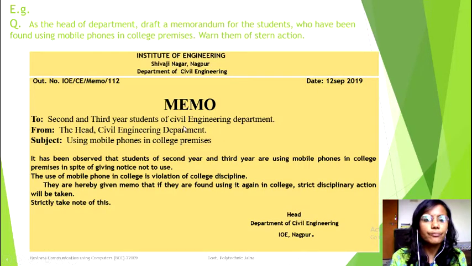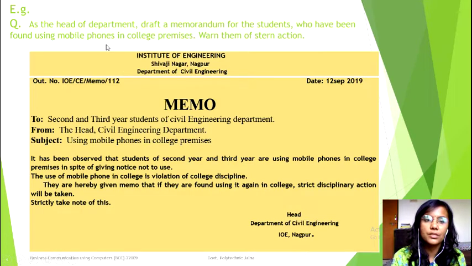Then the date. When you start to write the memo, you have to write to whom you are giving the memo, then from, and the subject. To: second and third year students of the civil engineering department, as mentioned in the question. Then from: the head, civil engineering department.